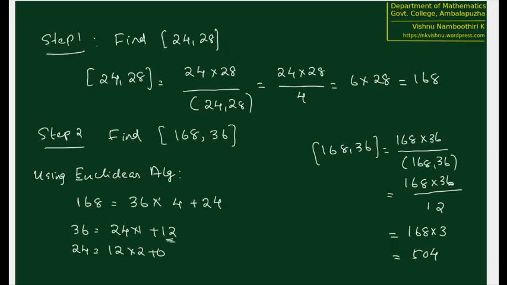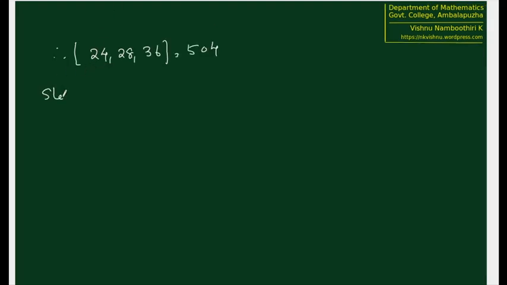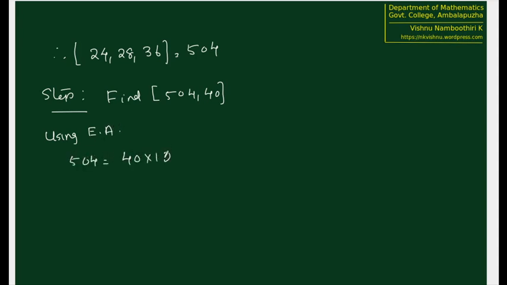Okay, now what is the last step? We need to substitute this 504 with 40. So the final step is to find the LCM of 504 and 40. We need to find the GCD first, using the Euclidean algorithm. 504 is equal to 40 into 12, so 480, plus 24.